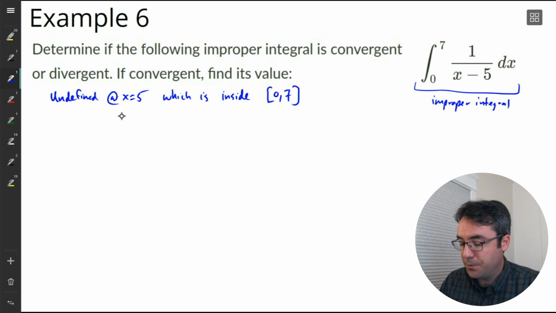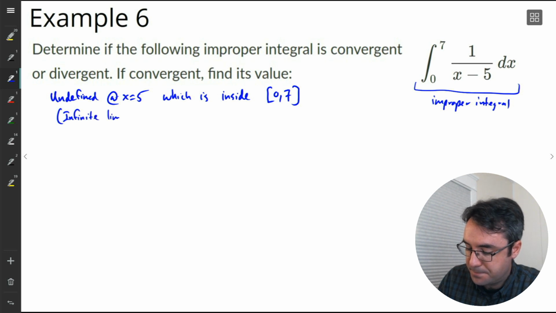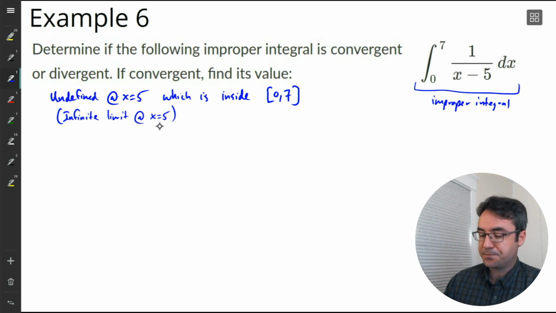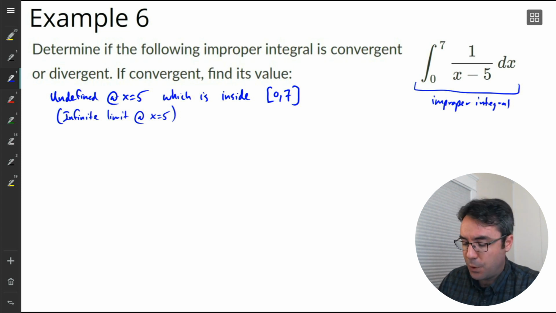It'd be good practice for you to try to show that this actually has an infinite limit at x equals 5. So it has an infinite discontinuity at x equals 5. Not only is it undefined, but it also has an infinite limit. So you'd show that it's a c over 0 form and go through the work that we did for the function in the last example.